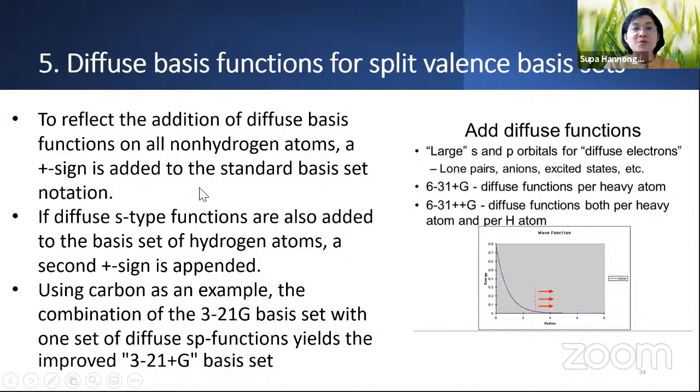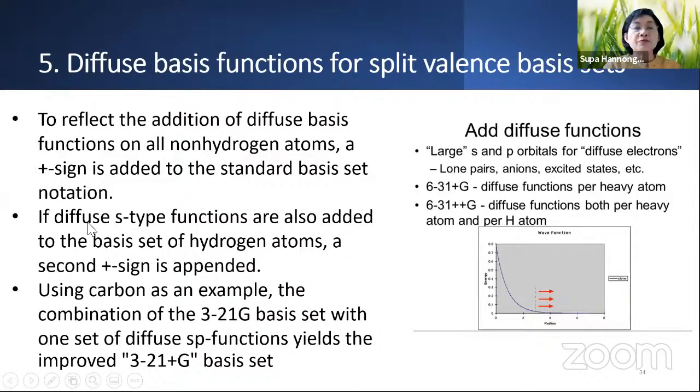Now you have the standard split valence 3-21G, 6-31G. You can add polarization functions, and then you can add diffuse functions. Just add plus after the standard basis set.